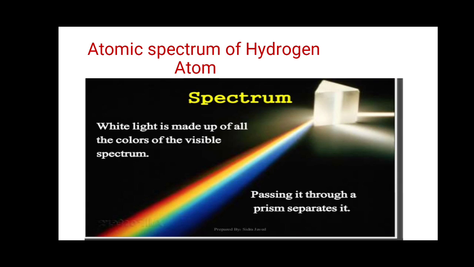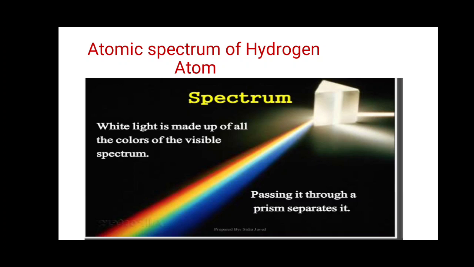Next, see the atomic spectrum of hydrogen atom. White light is made up of all the colors of the visible spectrum. When white light is passed through a prism, after passing through the prism the colors are separated.